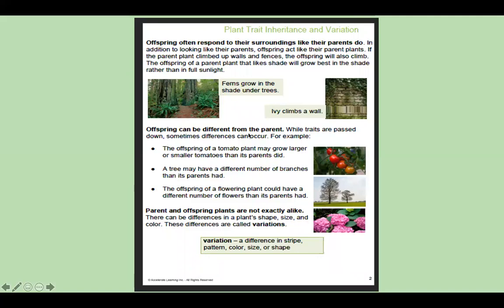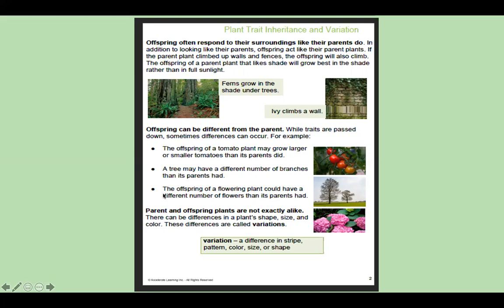Offspring can be different from the parent. While traits are passed down, sometimes differences can occur. For example, the offspring of a tomato plant may grow larger or smaller tomatoes than its parents did. Another example is a tree may have a different number of branches than its parents had.